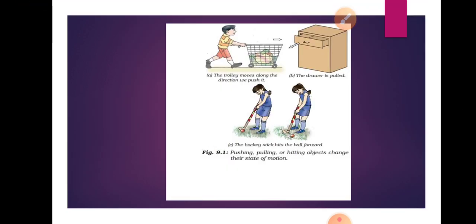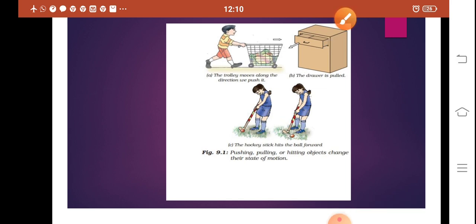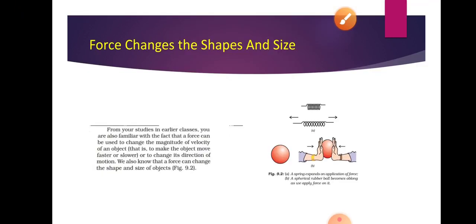See, here they are applying force. When they are pushing, pulling, hitting, here we are pulling, pushing, hitting. These are the examples. And due to force, we can change the shape and size. From our studies in earlier classes, if we apply force, we can change the shape, and we can change the velocity.